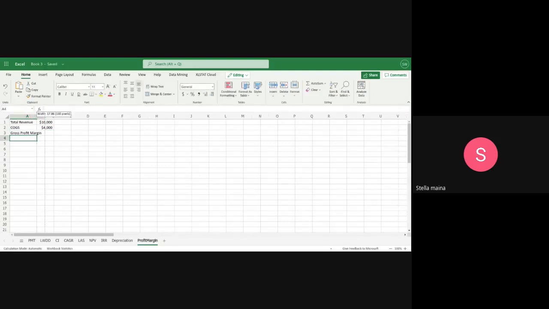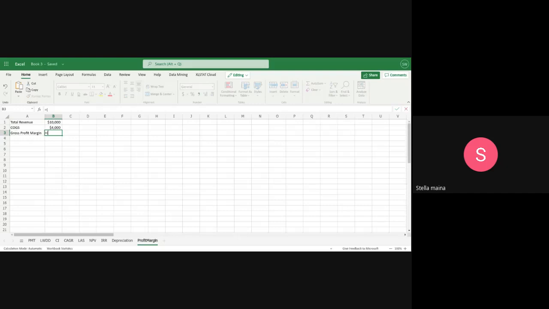Let me just increase the width. It is equals to, so remember it's total revenue minus cost of goods sold divided by total revenue. I think that's a formula you are all used to by now. So it's going to be B1 minus B2 divided by B1. Okay, so we get 0.6. That's the gross profit margin.